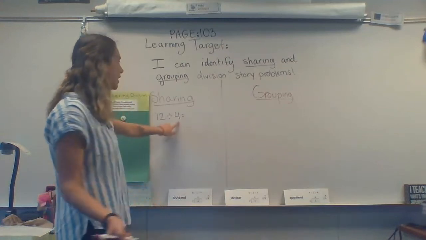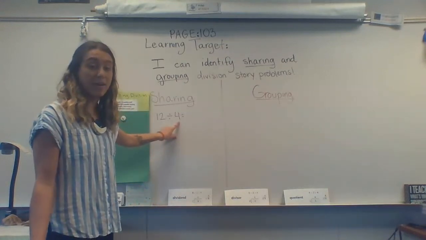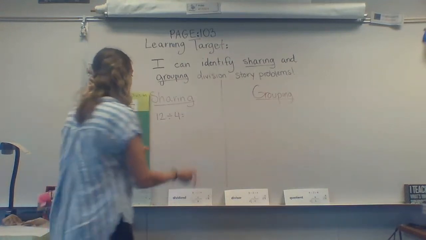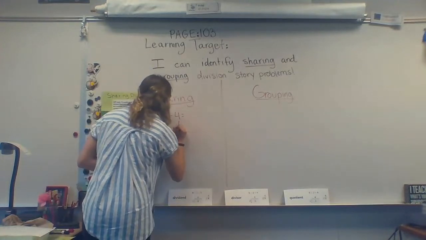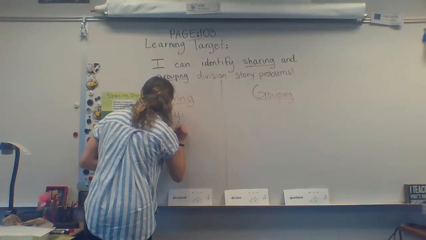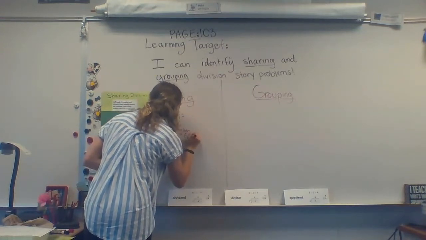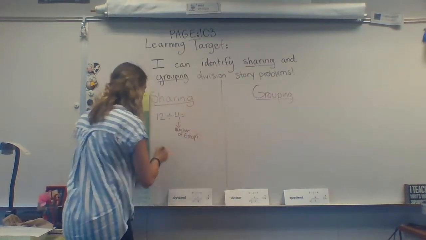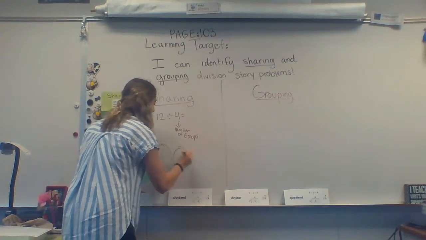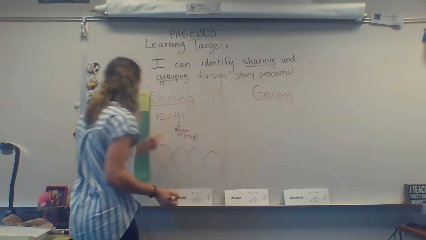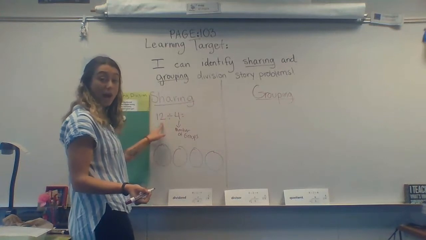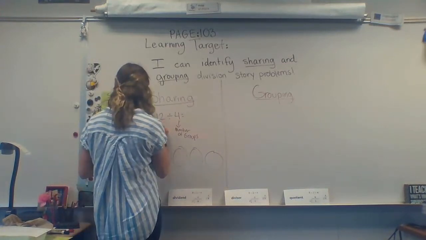So I'm going to start with, we already know how many people there are, how many groups. So this is number of groups. So I can make 4 groups. 1, 2, 3, 4. And we already know that there's 12 cookies to start with.